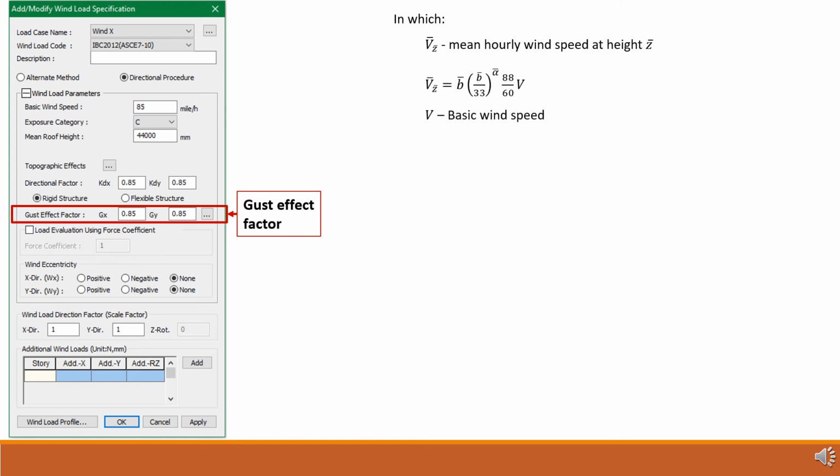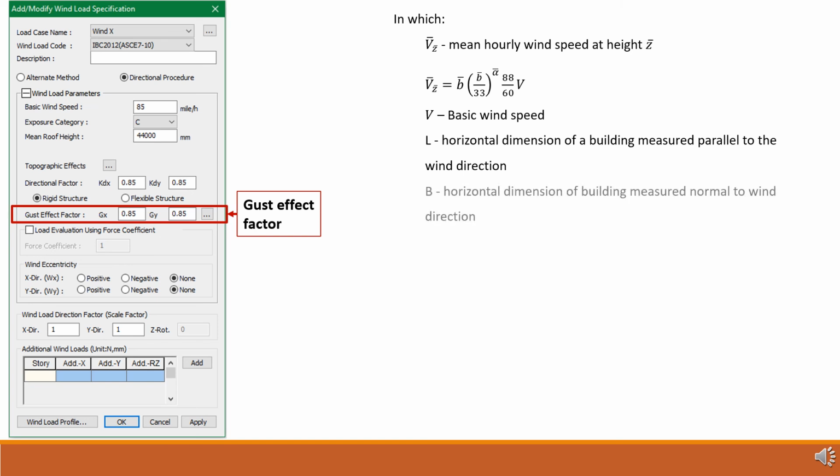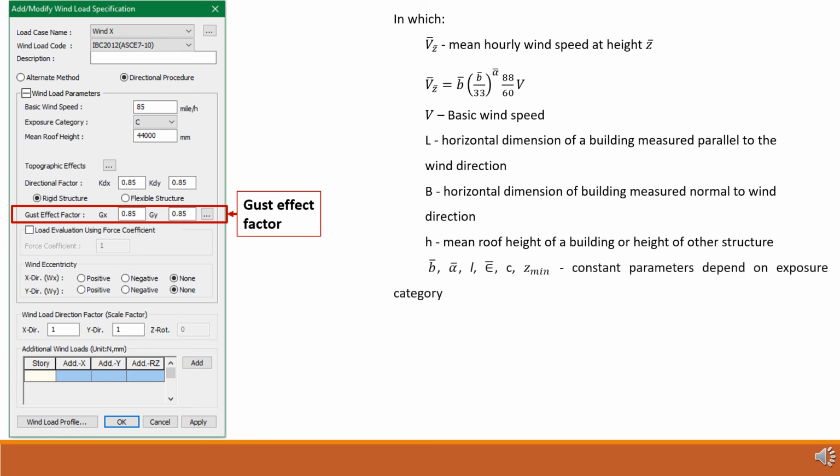Basic wind speed. Horizontal dimension of a building measured parallel to the wind direction. Horizontal dimension of building measured normal to wind direction. Mean roof height of a building or height of other structure. Constant parameters depend on exposure category.